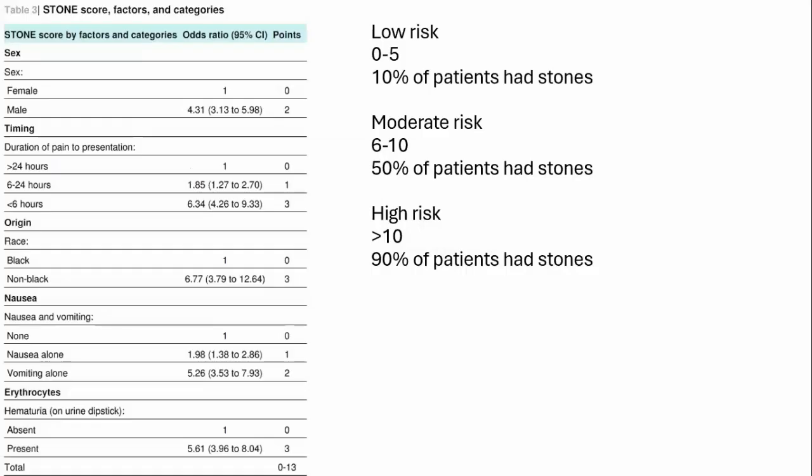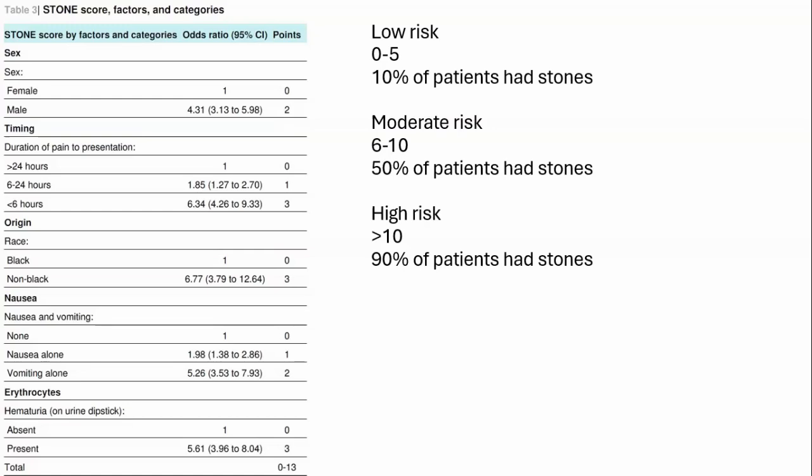It looks at your sex, the duration of pain to presentation, origin, are you Caucasian or not? Are you experiencing nausea and vomiting, and then hematuria or not? So with a score of 0 to 5, 10% of patients had stones, 6 to 10, 50% of patients had stones.